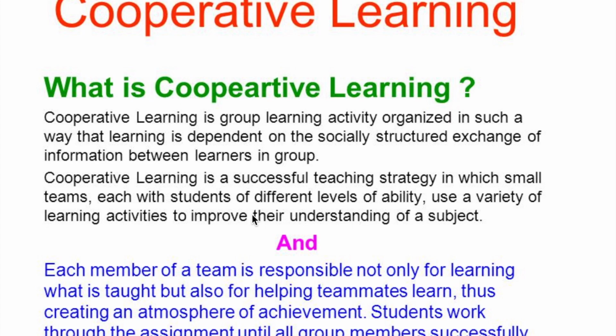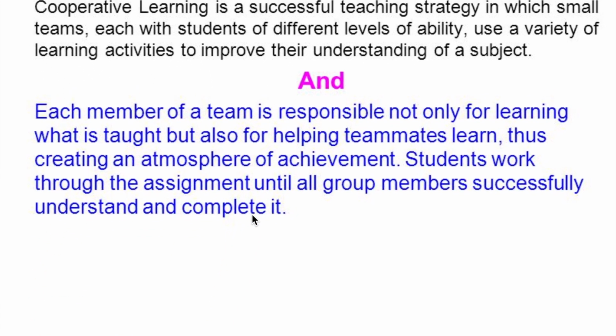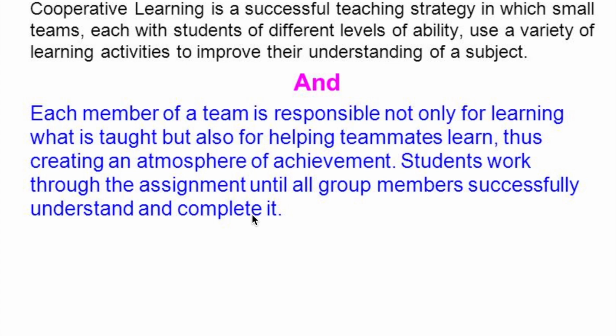From the word itself, cooperative, we are trying to make people work together in order to cooperate and learn. Each member of a team is responsible not only for learning what is taught, but also for helping teammates learn. So, it's creating an environment that is full of achievement.